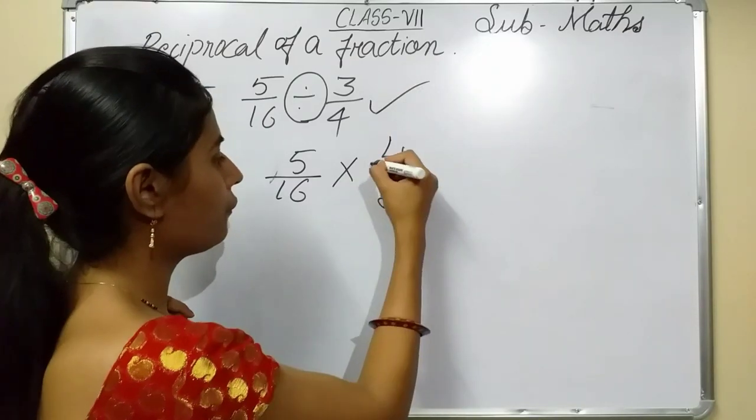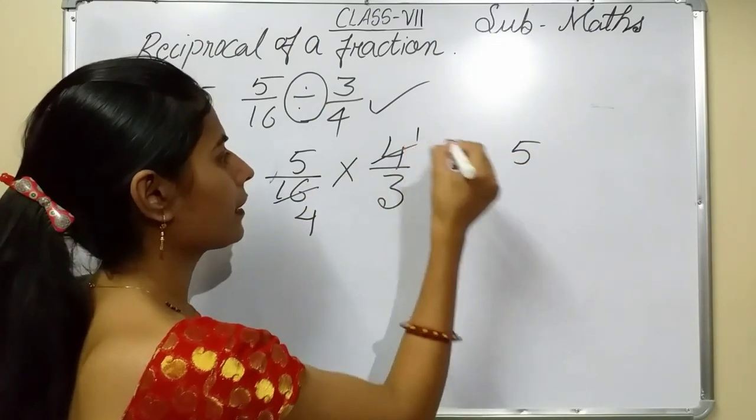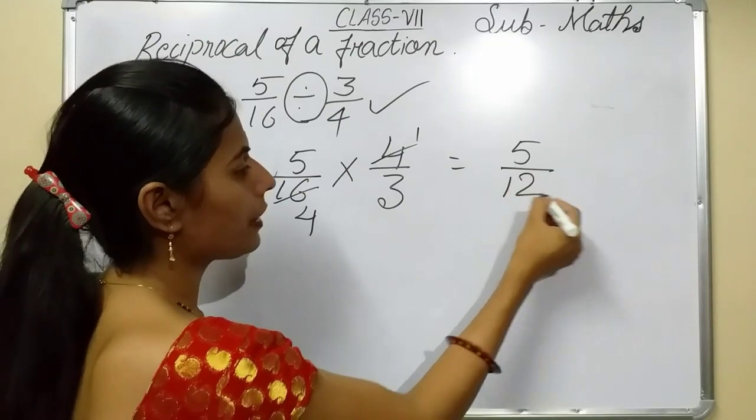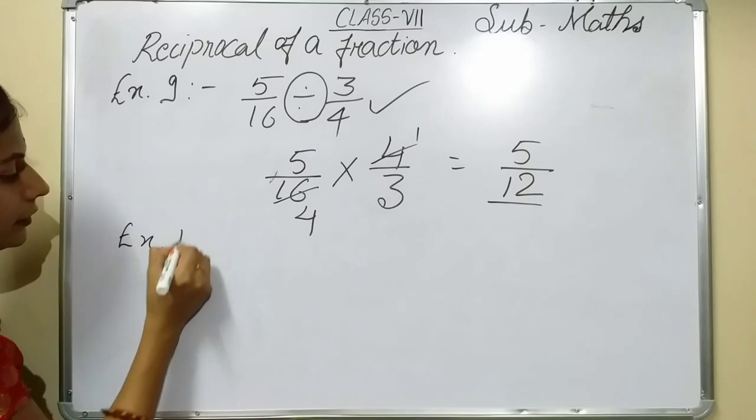Now divide it. 4 4s are 16. Now it will become 5/12.